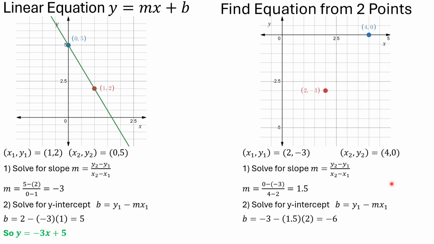We plug that in and get -3 minus 1.5 times 2. 1.5 times 2 is 3, so -3 minus 3 will give us -6. We plug our slope and our y-intercept into our linear equation, and we get y equals 1.5x minus 6.